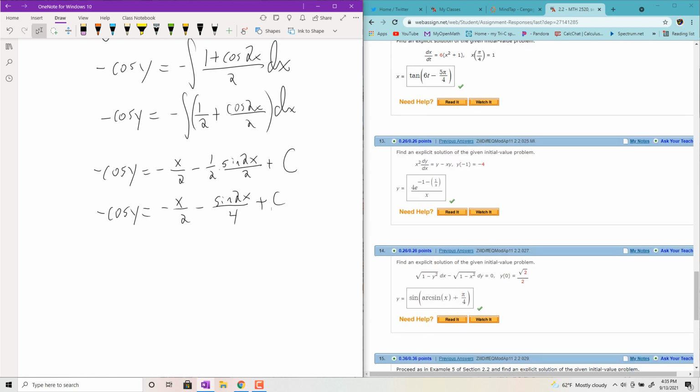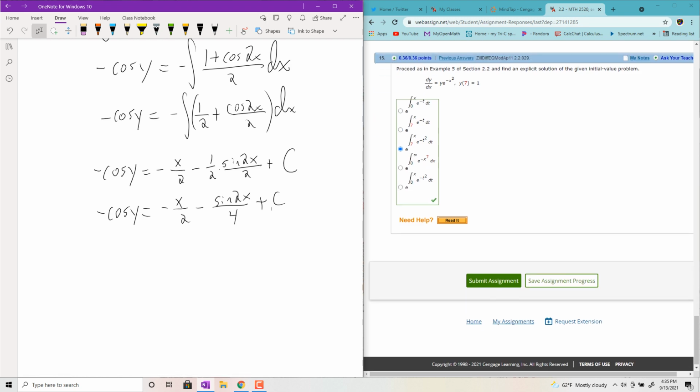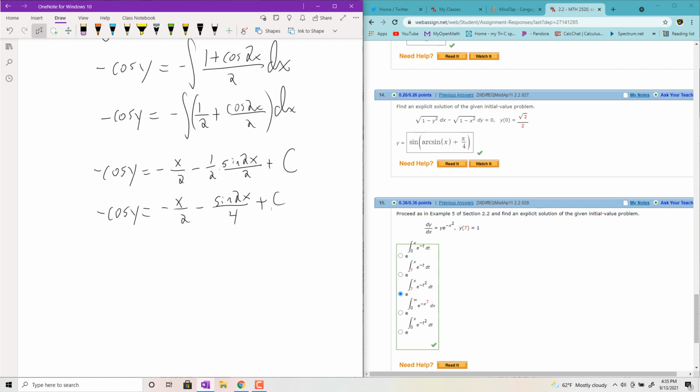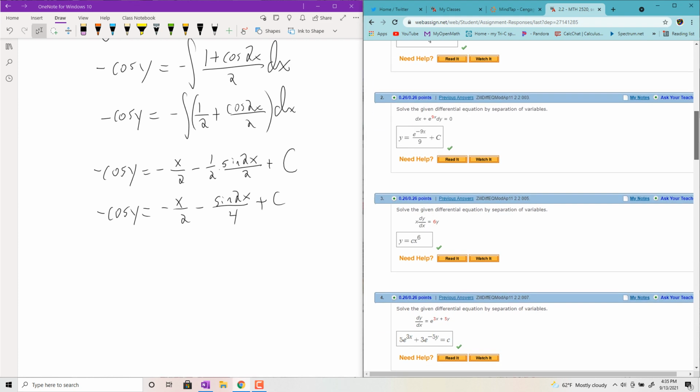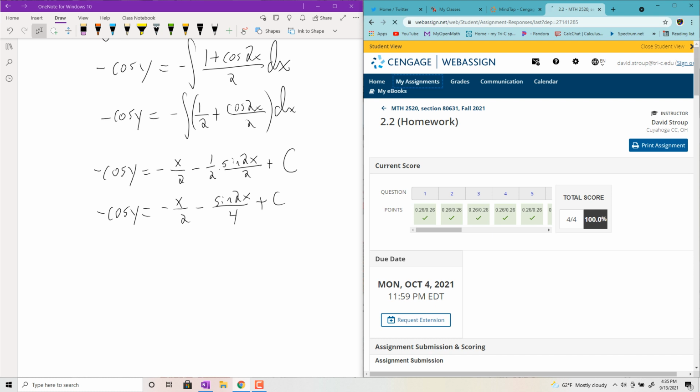Yeah, so be able to pull those off, be able to do the initial value problems as well. I won't need you to do the integral solutions to differential equations like number 15. You don't have to worry about that one. Okay, let's move on then to 2.3.